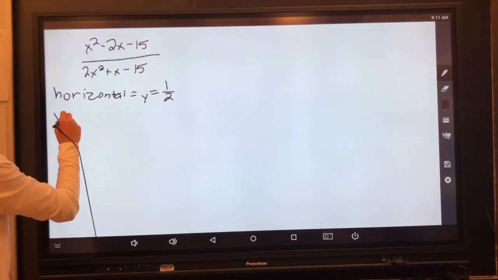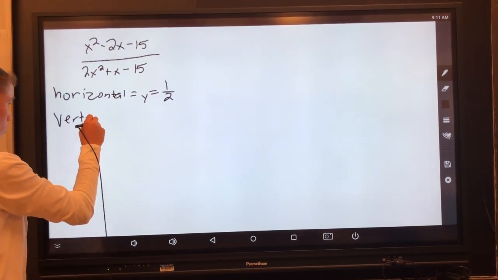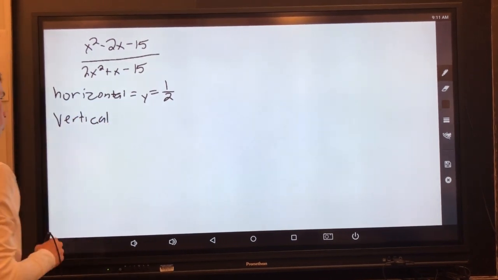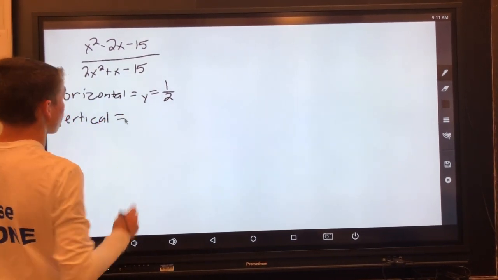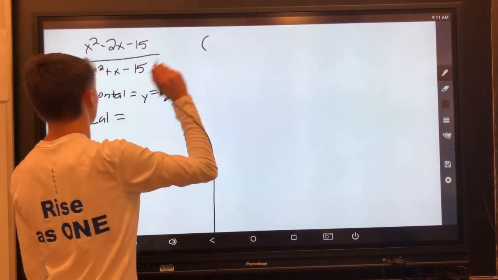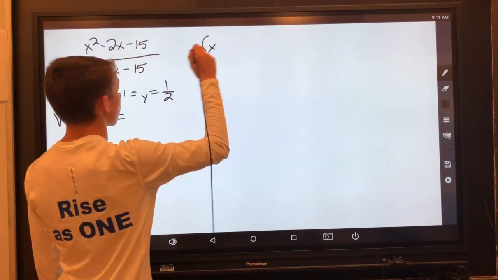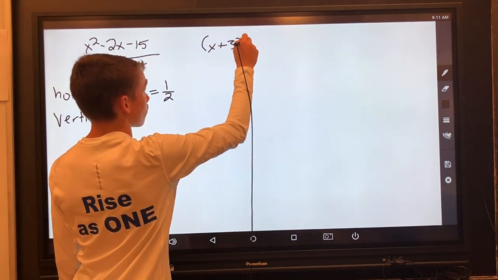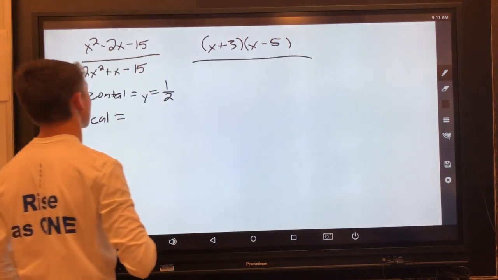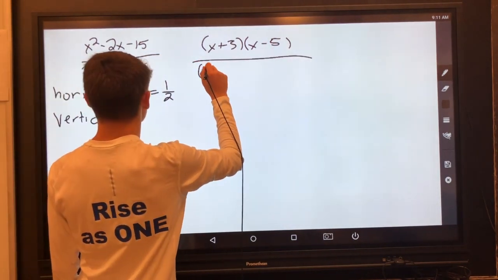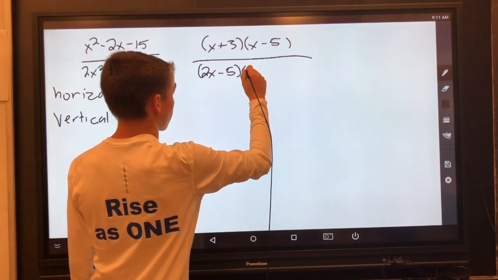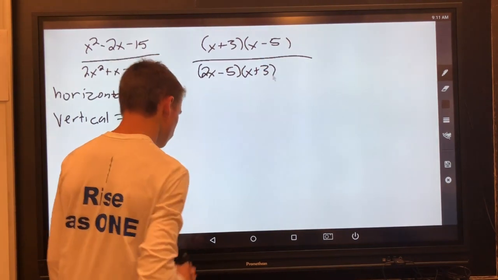For the vertical, we need to factor this out. So this is going to be equal to x plus 3 times x minus 5 over 2x minus 5 times x plus 3.